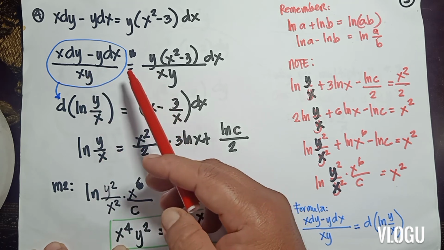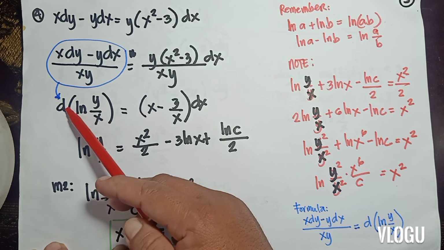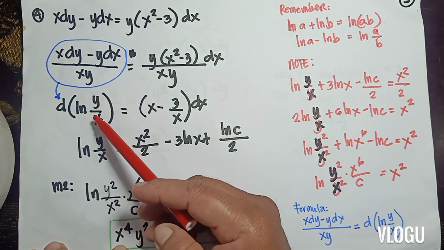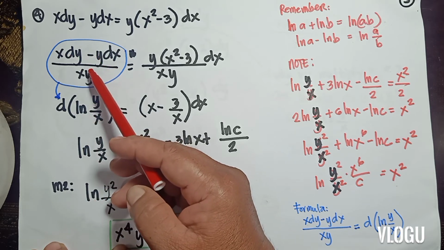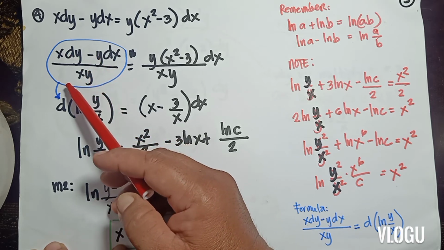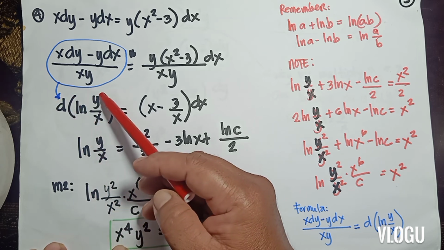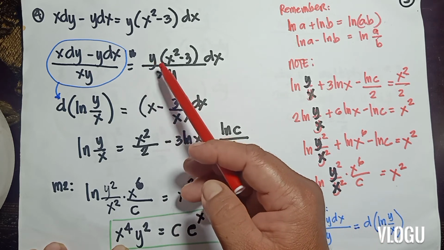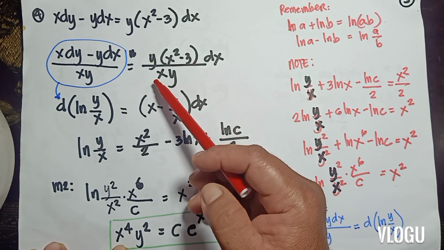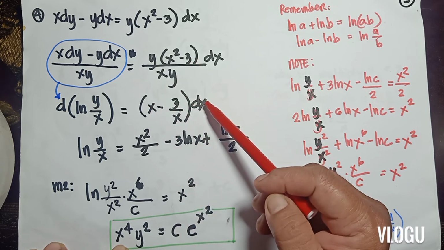And you can form x dy minus y dx over xy. Then you will have the derivative of ln y over x. So this form, x dy minus y dx over xy, can be represented as the derivative of ln y over x. So here, we canceled out y. So x squared over x is x, and 3 over x dx. Okay.